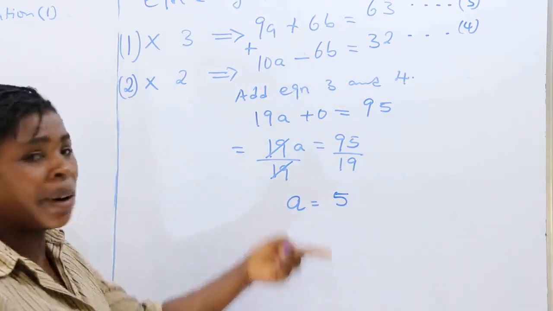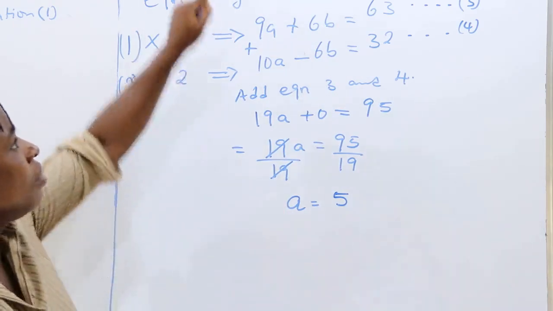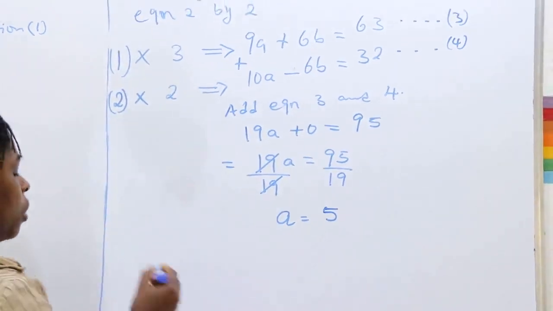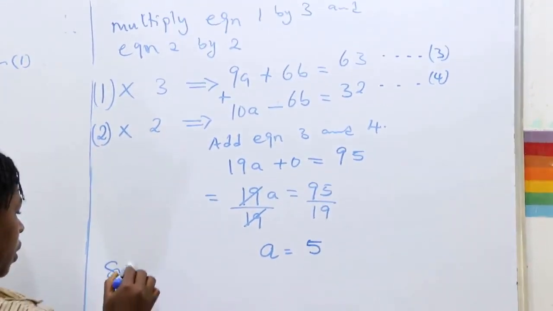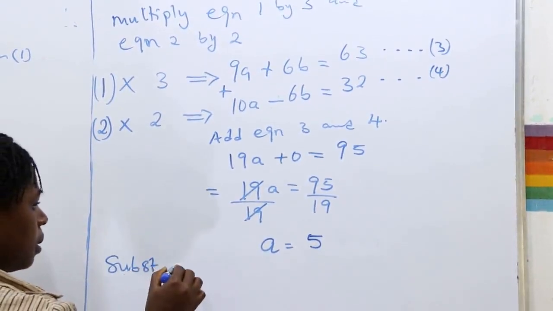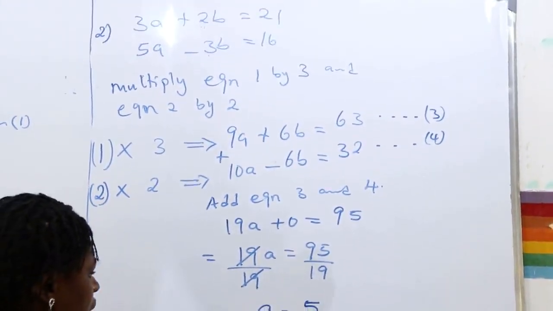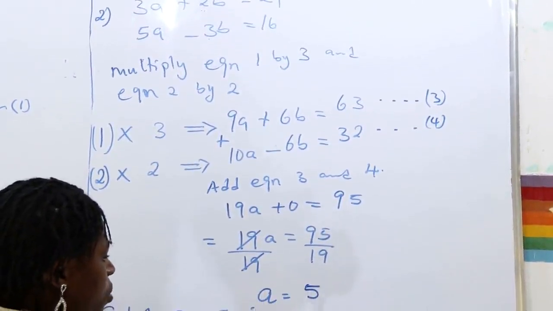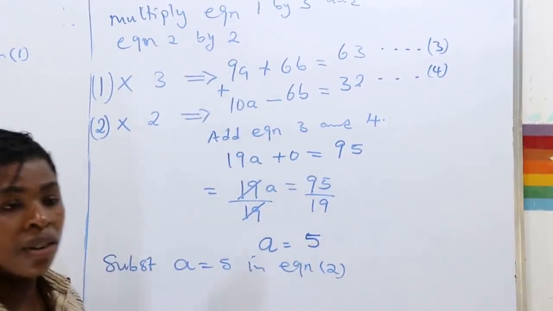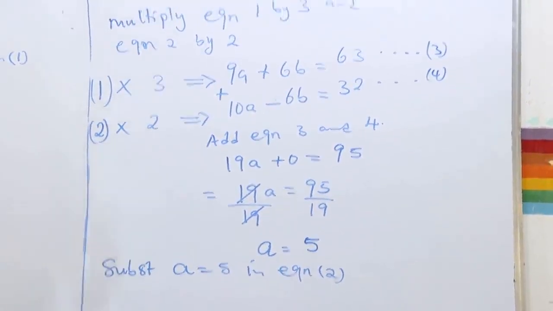Alright, now we've gotten one of the variables, the remaining one is b. So you need to substitute a is equals to 5 in any of the equations. Now let's use equation 2. You can also check it out in equation 1.